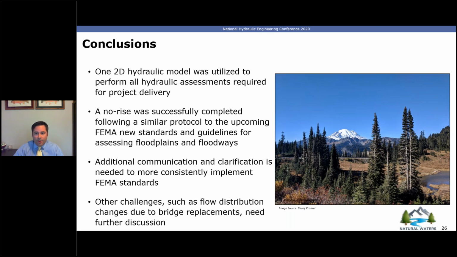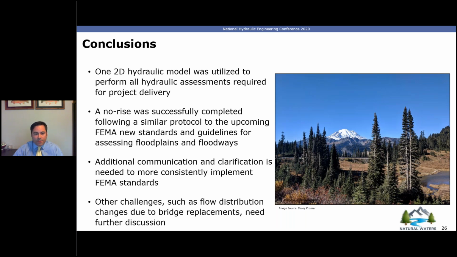Based on questions I'm hearing from folks and some of the poll questions, I really think additional communication and clarification is needed to more consistently implement FEMA standards. As noted before, and as came out in those poll questions, one of the more consistent challenges we've heard in collaborating with state DOTs is dealing with FEMA.